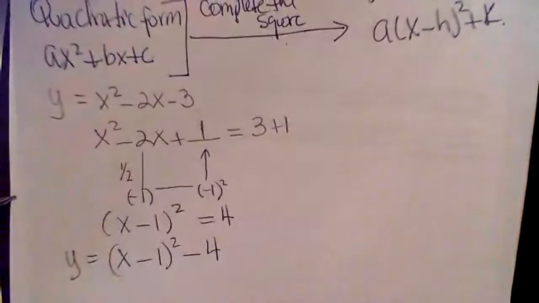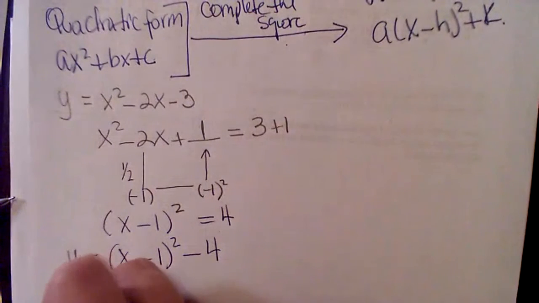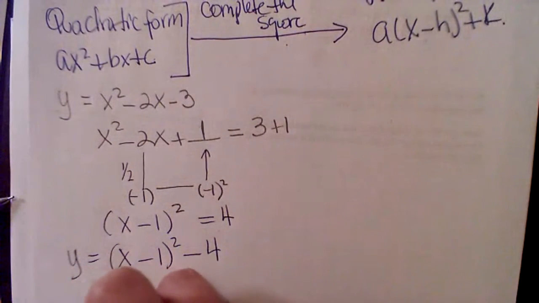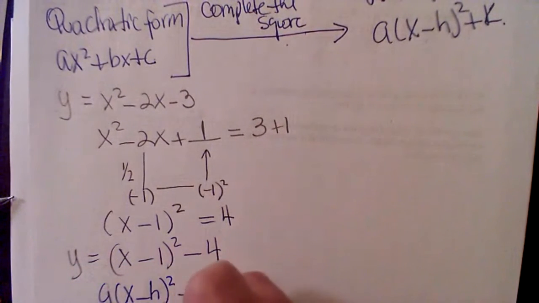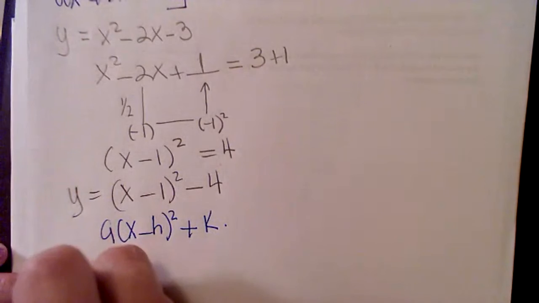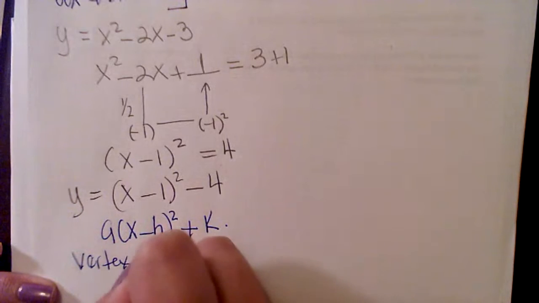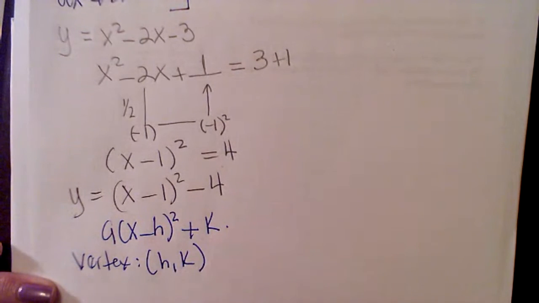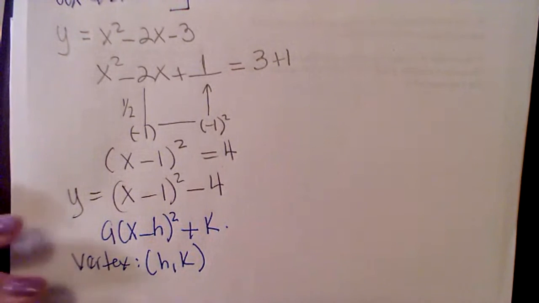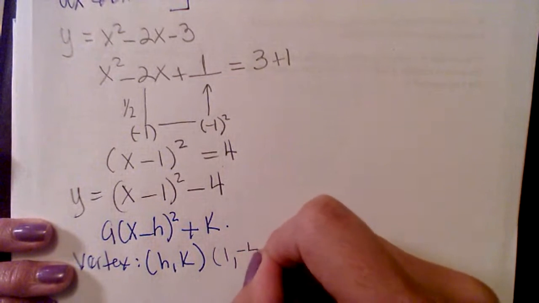Now it's in the vertex form, a(x minus h) squared plus k. Right? There we go. So what is my vertex? We said it was h, k. So it's going to be 1 comma negative 4.